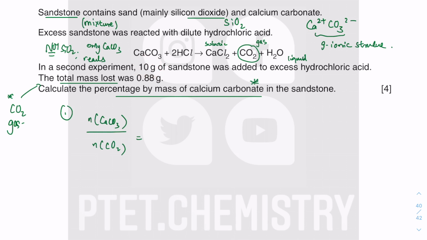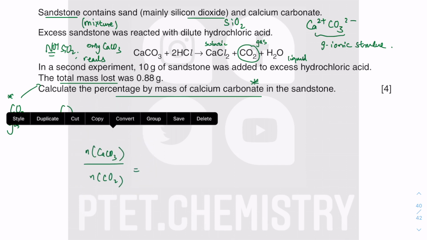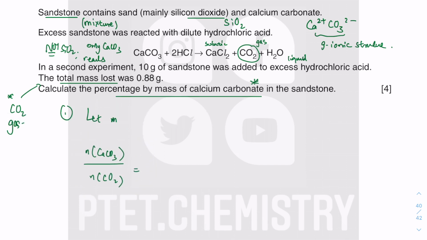Okay, so let the mass of CaCO3 in the sandstone be M CaCO3, just like that.